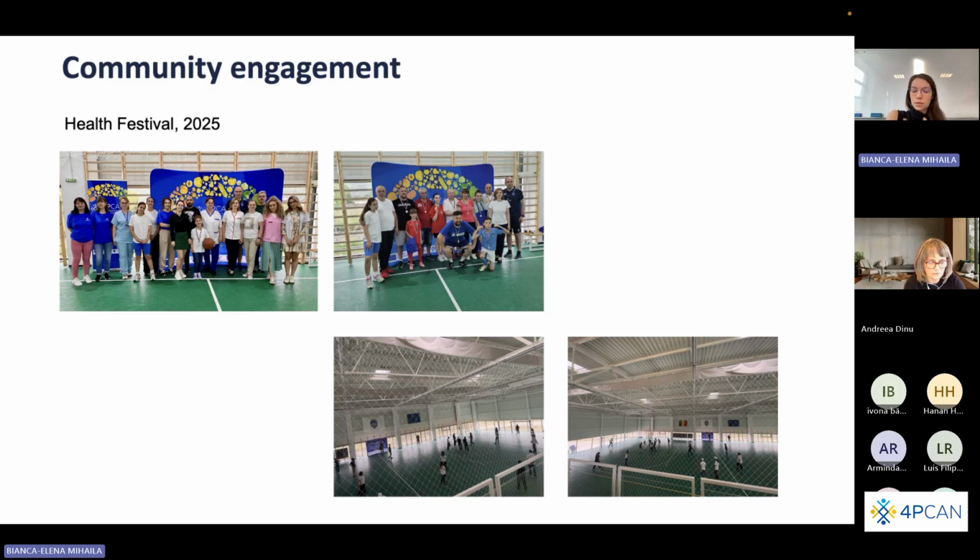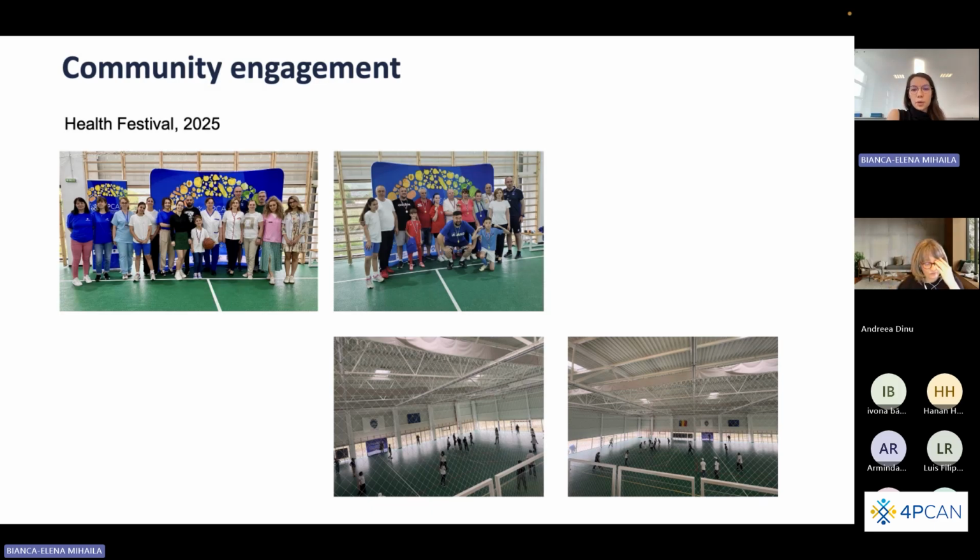Citizens from Lerești and citizens that participated in our study received health advice in terms of physical activity, nutrition, and skin problems, because we also had dermatologists.